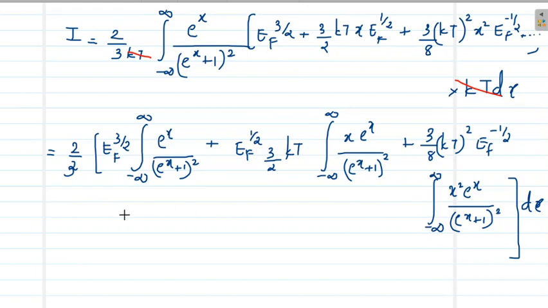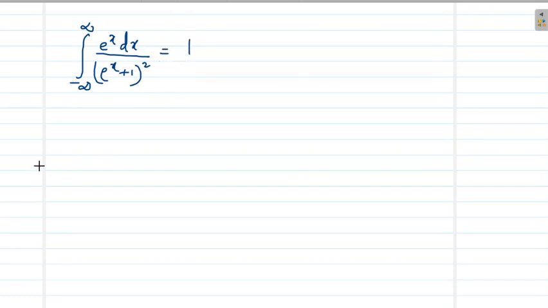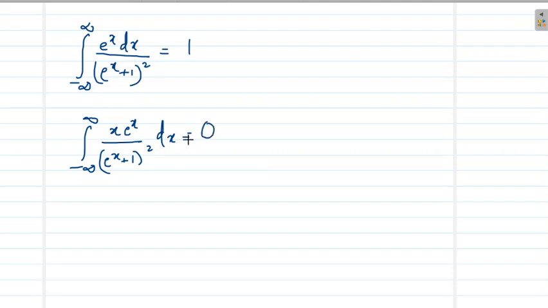So all these are standard integrals, and we can define the values of these standard integrals. The integral from minus infinity to infinity of e^x dx divided by (e^x + 1) the whole square, its value is actually 1. And the integral from minus infinity to plus infinity of x e^x divided by (e^x + 1) the whole square dx is actually 0.